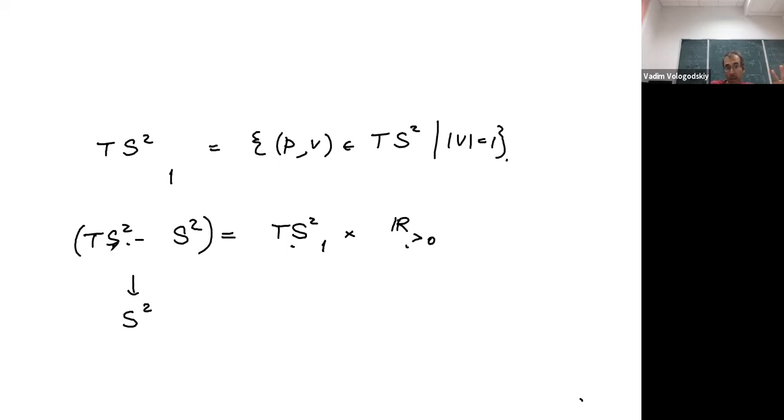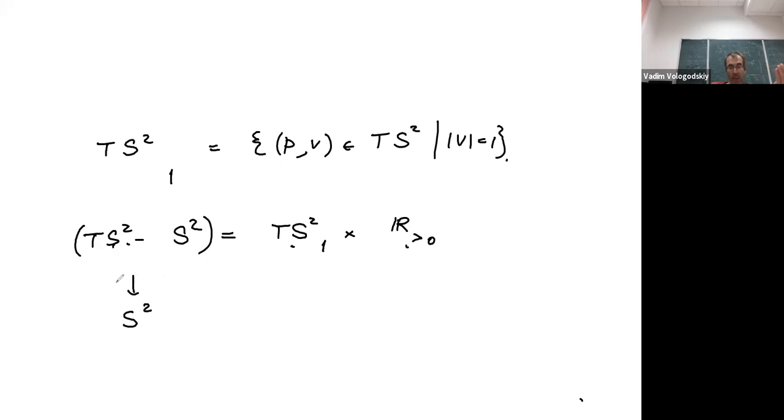Of course, if the vector bundle is trivial, the trivial vector bundle is the product of R2 and S2. If you remove the zero section, you just get R2 minus the origin times S2. It has different homotopical properties from S2.